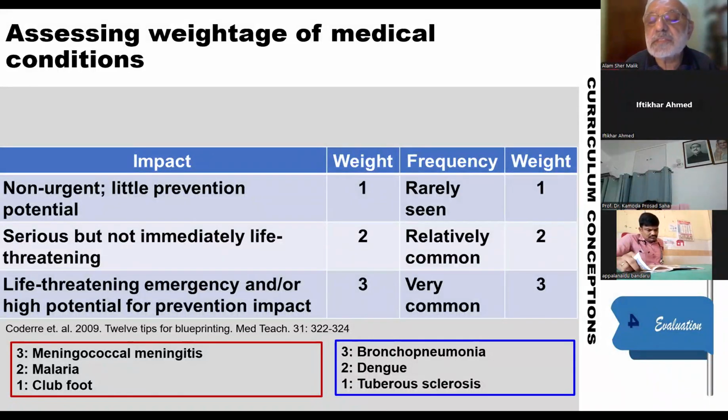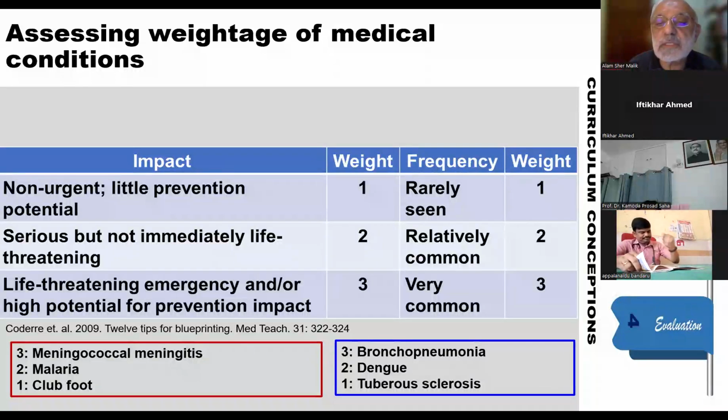And then we look at the frequency. If a condition is rarely seen, the weightage is 1. If it is commonly seen, the weightage is 2. And if it's very common, the weightage is 3. Examples here, let's say from the pediatric inpatient, bronchopneumonia is very common, so the weightage would be 3. Dengue is relatively common, weightage would be 2.